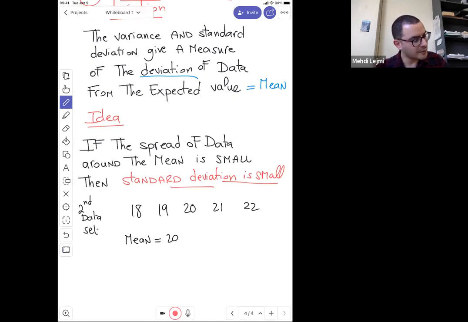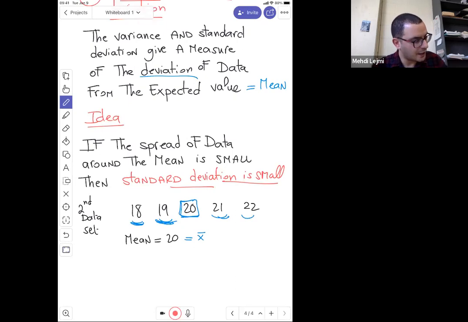So what I'm saying here, guys, is as you can see, the spread of the data around the mean is small, because the data values, the 18, 19, 21, 22, are very close to the mean, the 20, all right? So when you compute your standard deviation or your variance, it's gonna be a very small number.